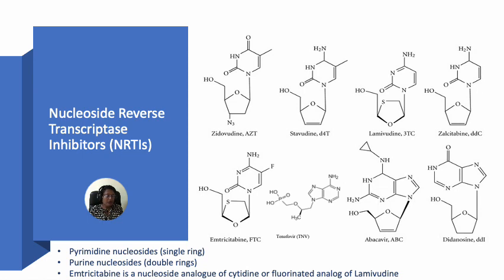So that's important. Emtricitabine also is a nucleoside analog of cytidine, or a fluorinated analog of lamivudine, meaning that because it is a cytidine analog, you would see it also in the treatment of some cancers.